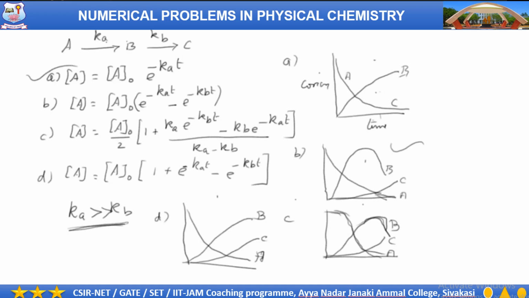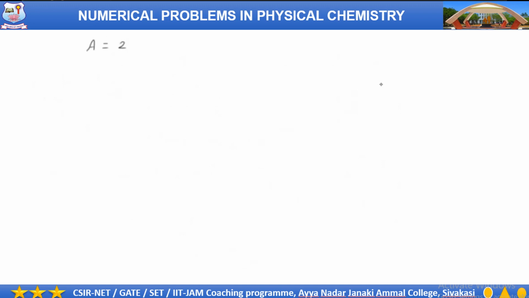If the initial concentration of A is 2 mole per liter, and K1 and K2 are 0.3 per minute and 0.5 per minute respectively, at what time will the concentration of B in the following reaction be maximum?